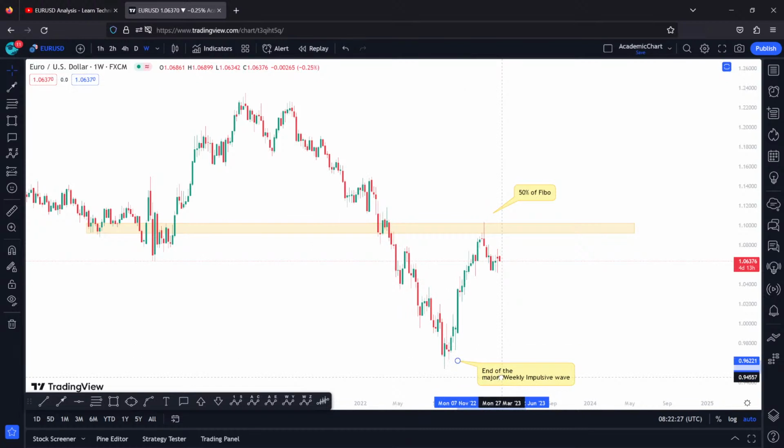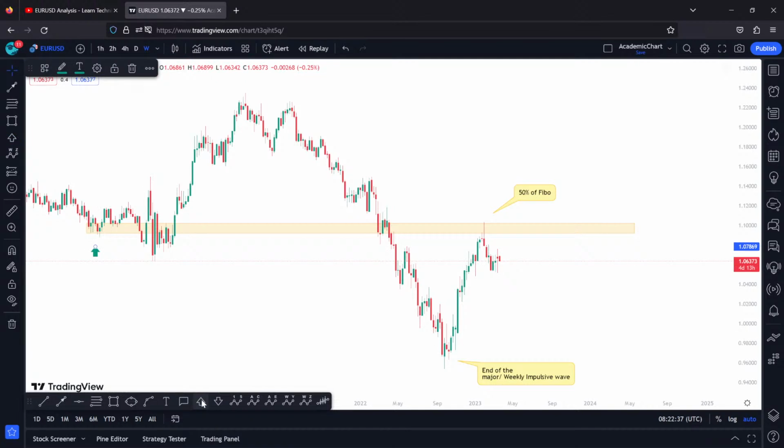Okay, so we know that we had this impulsive move, this reversal to the 50 percent, as well as this critical zone. We can see how many times price has reacted to these. Not so much detail, but we can see more when we jump into the daily view. But I guess this is enough for the weekly chart.